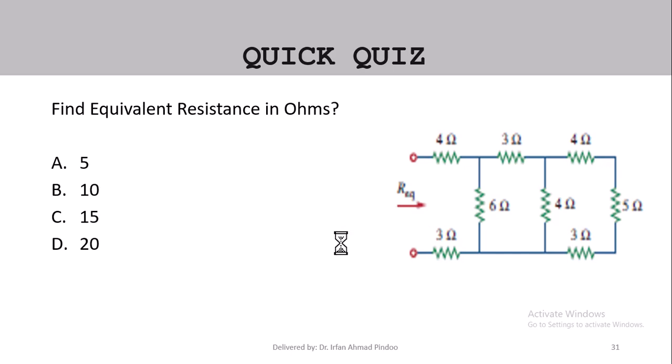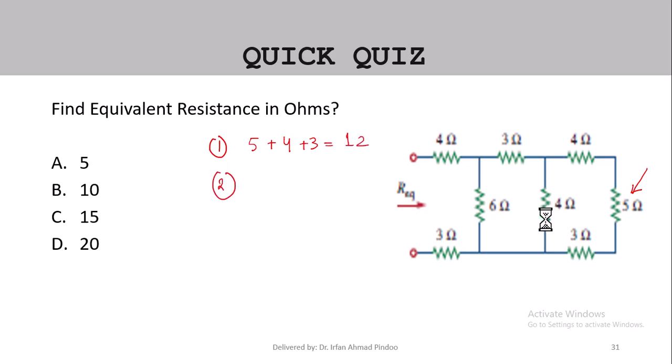Suppose this is the question: find the equivalent resistance in ohms. We have to find R equivalent from this side, so we will start calculating from the 5 ohm, right? In the first step, 5 ohm, 4 ohm and 3 ohm are all in series, so 5 plus 4 is 9, 9 plus 3 is 12. So 12 is the answer at the first step.